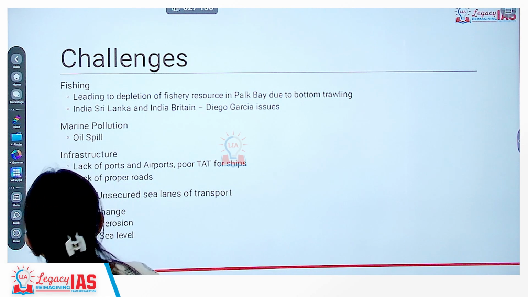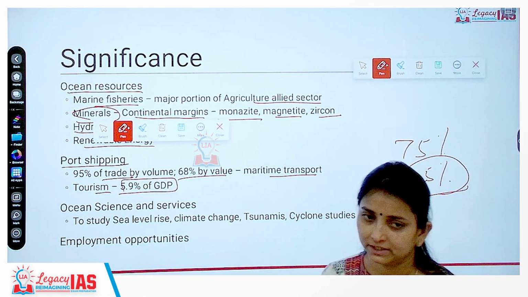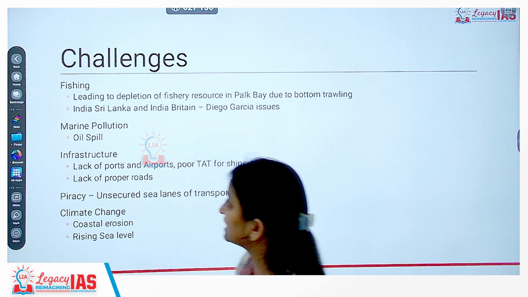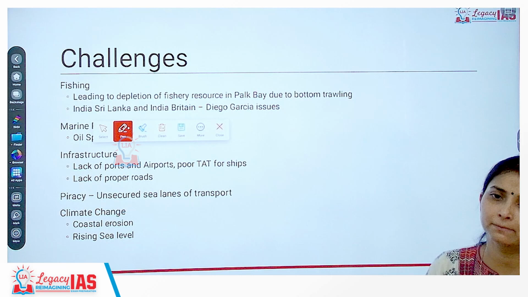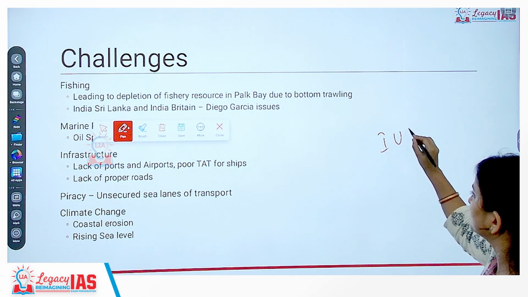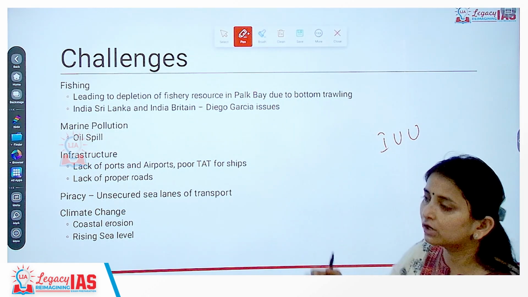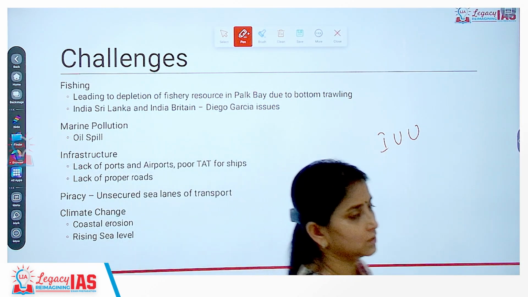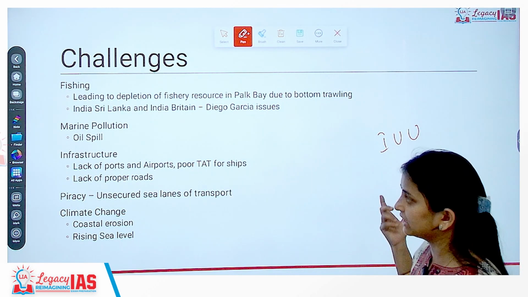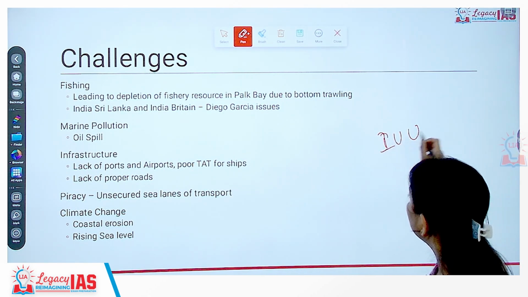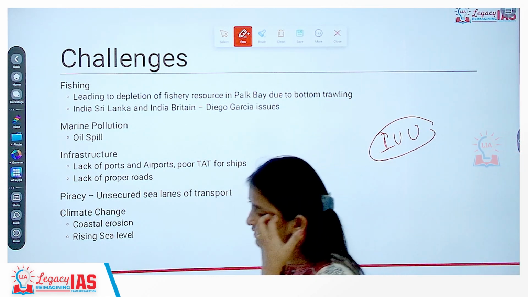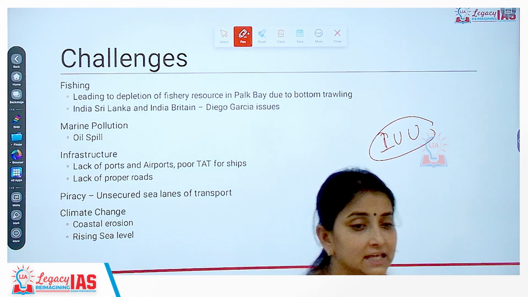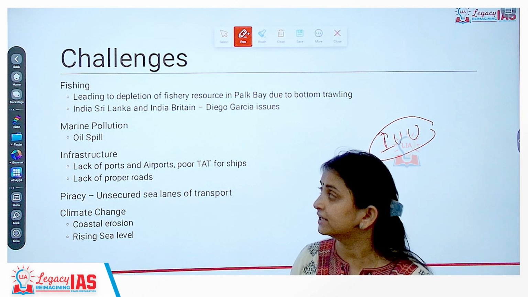Okay? But there are certain challenges associated with blue economy. First major challenge is in fishing. For example, India has been blamed, although we are actually not involved in illegal, unreported and unregulated fisheries. We are not carrying this out, but that was alleged by the USA in the WTO. Although, it is also correct that India has been carrying out deep sea fishing in the Palk Bay region.